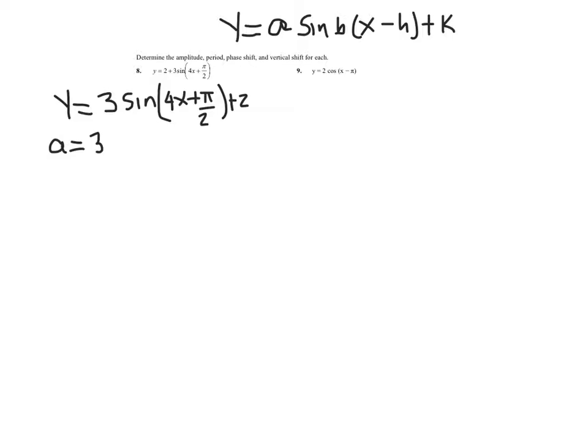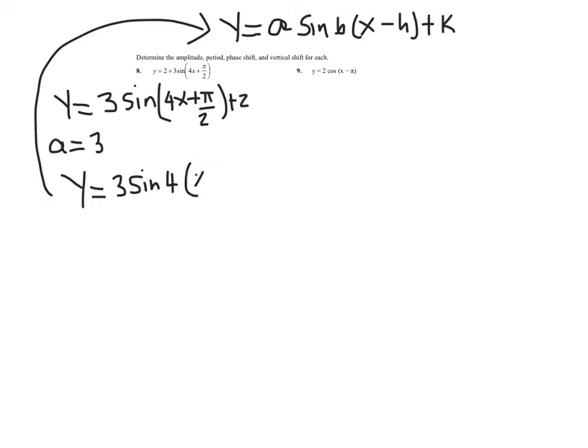And then I need to find the period. And before I find the period, I need to rewrite this equation. So in writing this equation, it's going to be 3 sine. I want to write it to look like the equation I have up on top of the page. So I have to factor the 4 out.